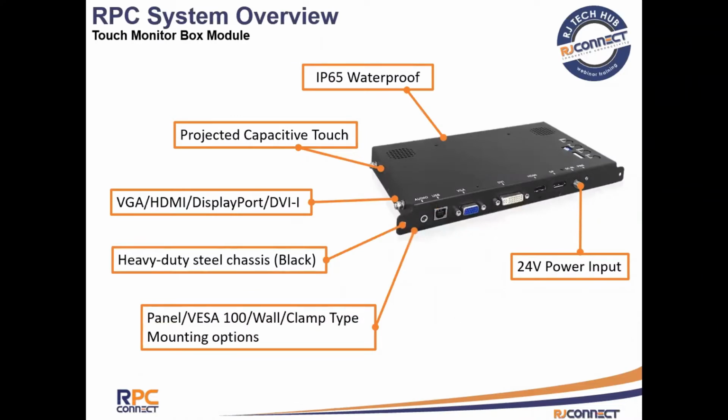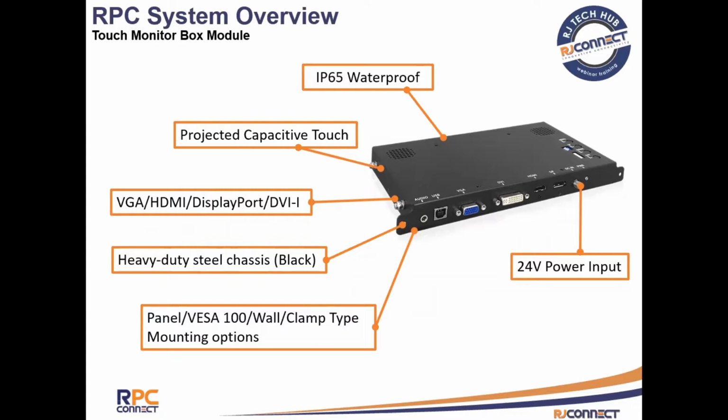We also have a touch monitor box module for different display panel modules. It is not a computer. It has projected capacitive touch. It also supports multiple output I/O ports, such as an audio line out, USB for touch, VGA, HDMI, display port, and DVI.